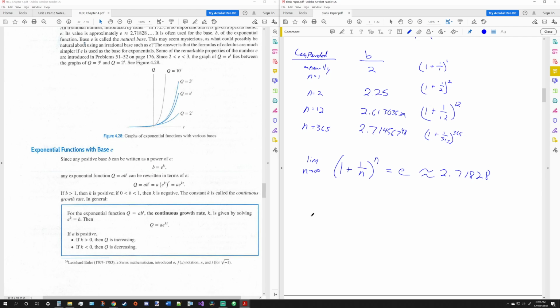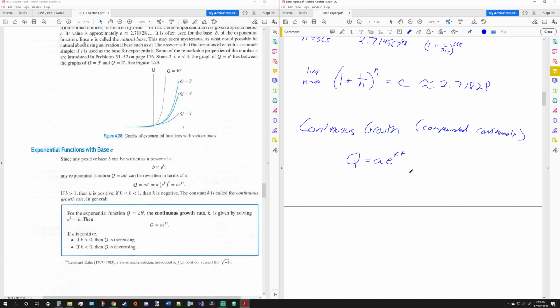So for continuous growth, or compounded continuously, our formula is Q equals A times e to the kt.